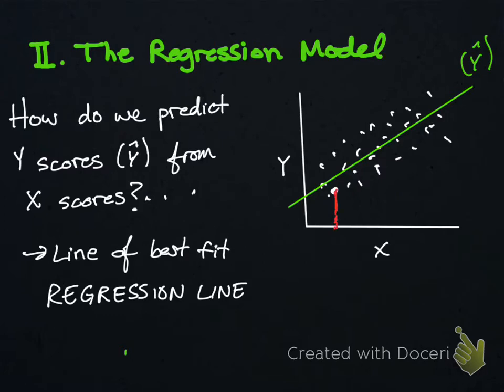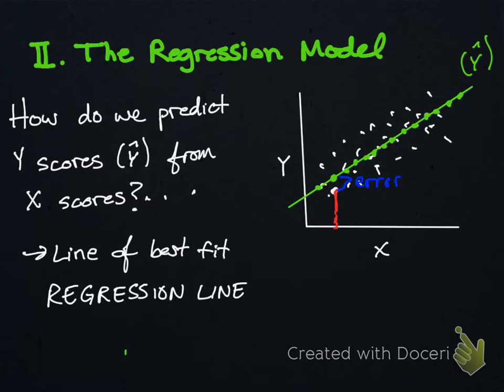However, on the basis of our model, we predicted that their y score should be here, wherever that x score intersects the line. So we have what we might refer to as a little bit of error right here in that prediction. But this person is going to have an x score, they're going to have a y score, and then they're going to have a predicted y score. And so this regression line is just going to be made up of everybody's predicted y scores going forward.